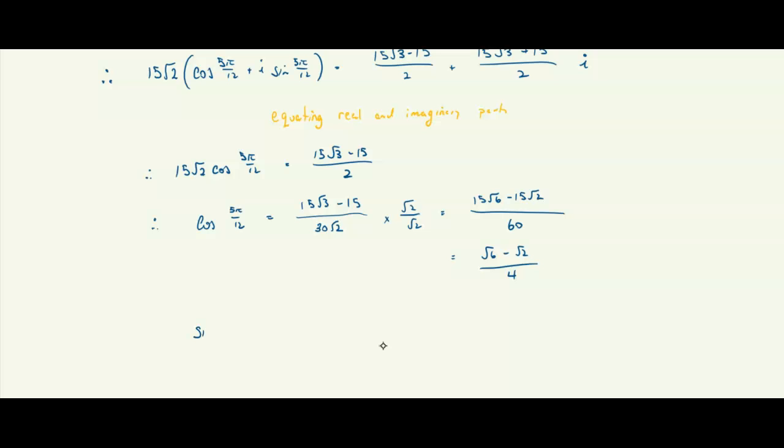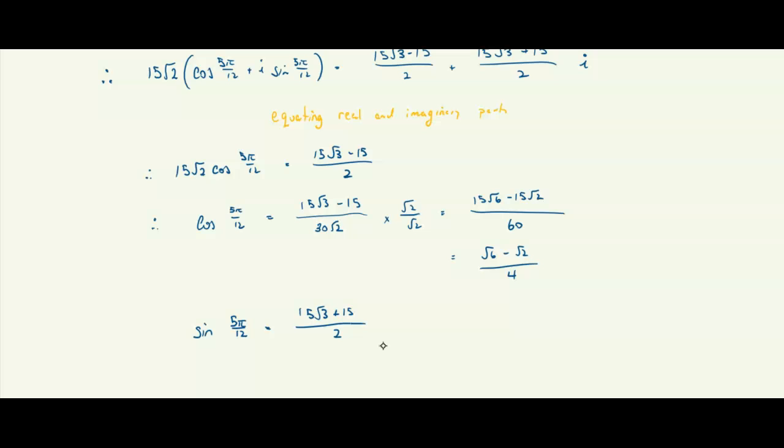So we can continue now with the sine 5 pi over 12. It'd be great for you now to pause the video and do this one yourself, just equating the imaginary parts on both sides of this equation. So sine 5 pi over 12 here will be equal to 15 root 3 plus 15 over 2.